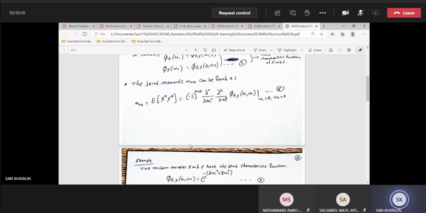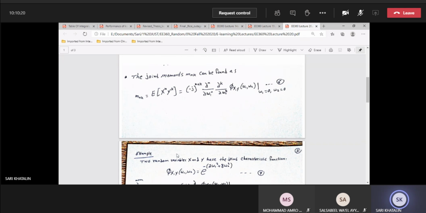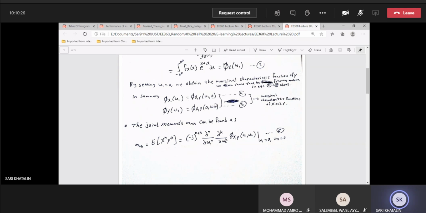You go back to this equation. So the mean of X is equal to m10. It means we're going to set omega 2 to 0 to find the marginal characteristic function of X. That's what we're trying to do here.